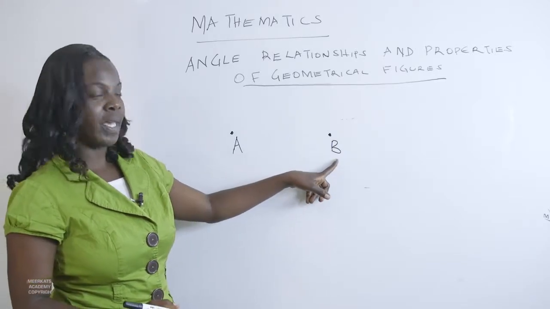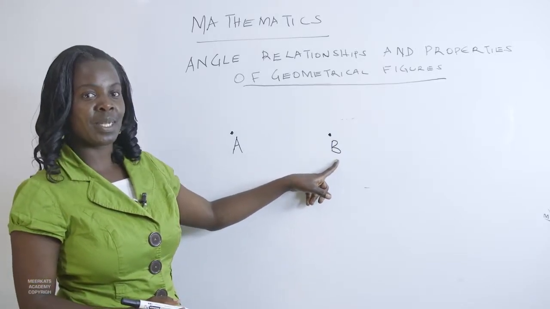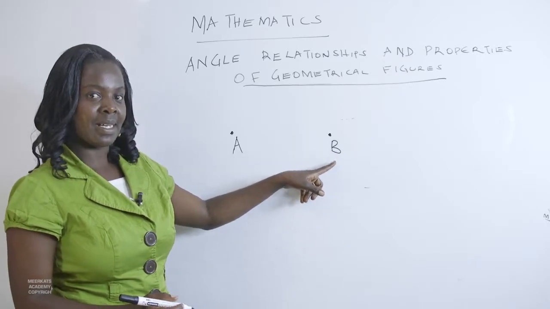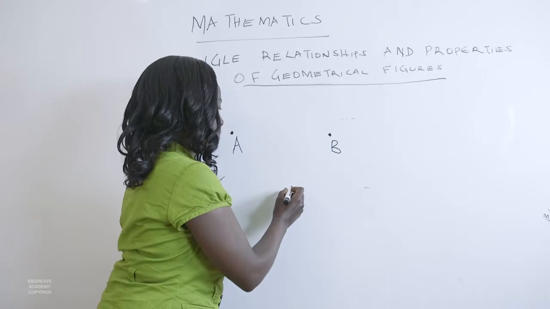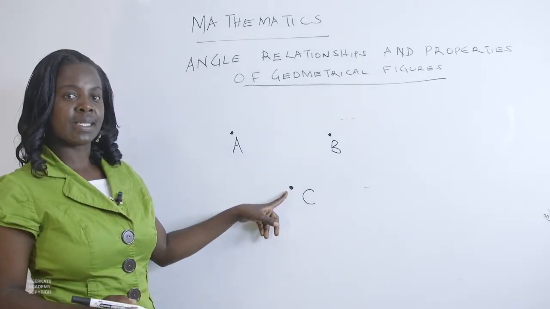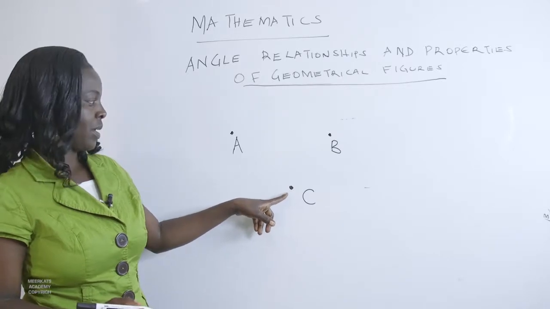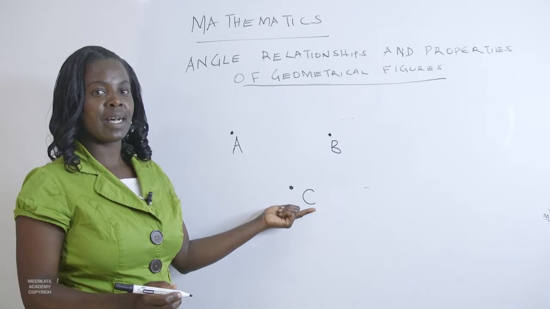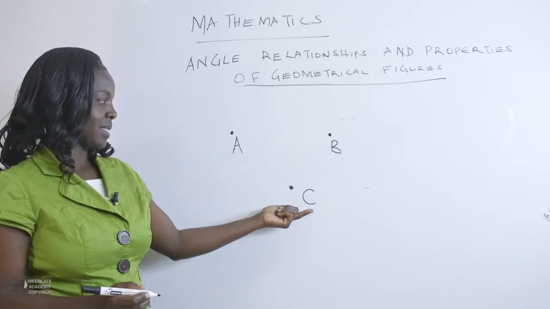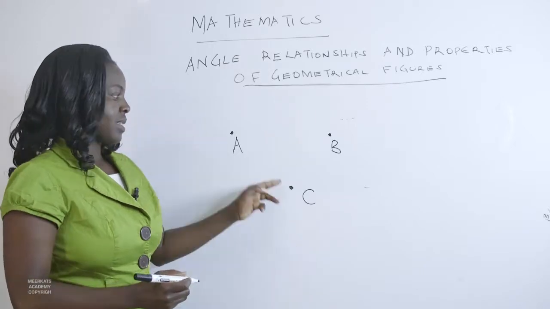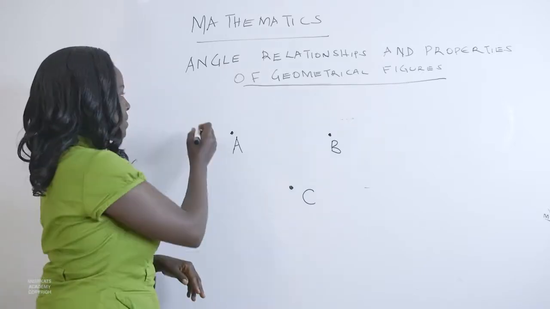We call it point B, and when we are labeling, we use uppercase letter B. This is point C, shown using a dot, and we label using a capital or uppercase letter C. So these three, we call them points.